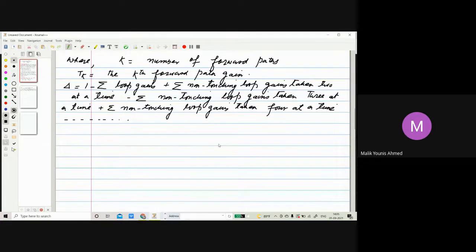So what is delta K? You have to understand it very clearly. Delta K is delta minus the loop gain terms in delta that touch the kth forward path.